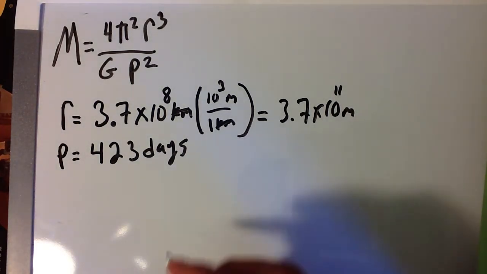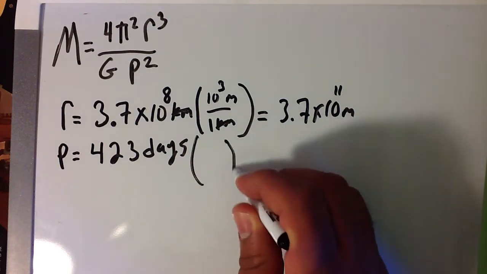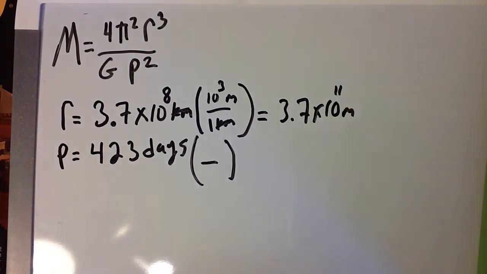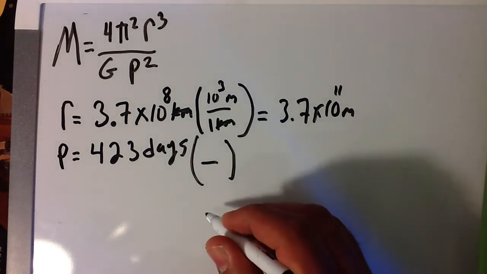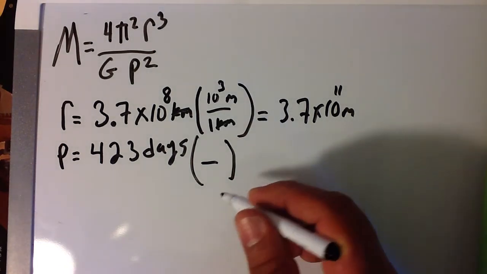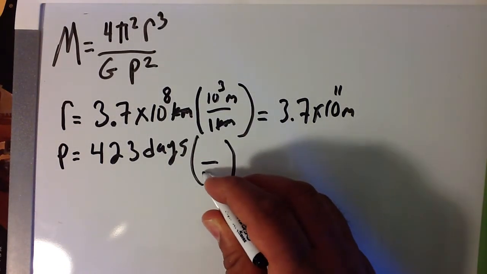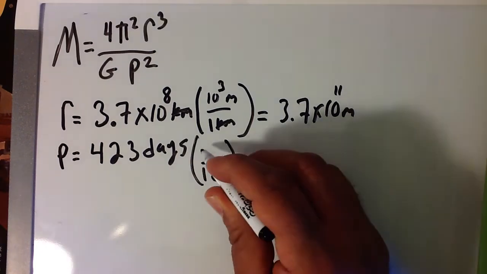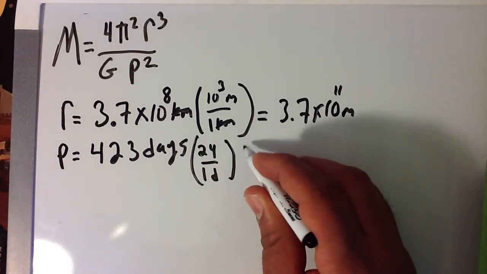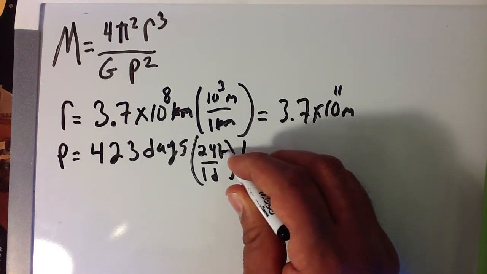Let's work on this days. Of course, it could have been years. We could have started with 1 point so many years, but in this case, I gave this example in days. So we know that in one day, there is of course 24 hours.